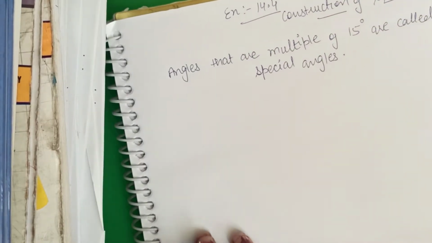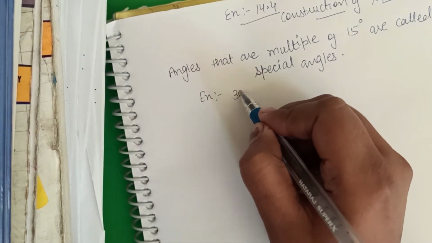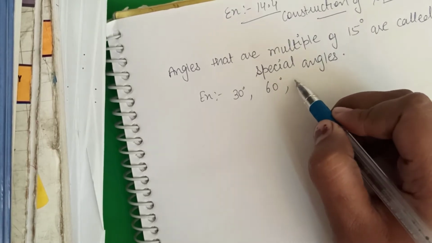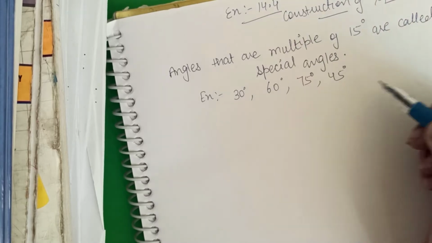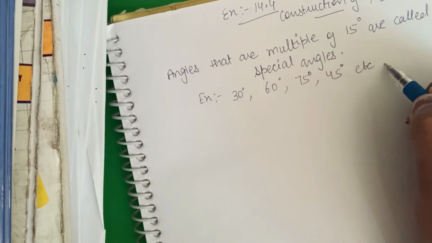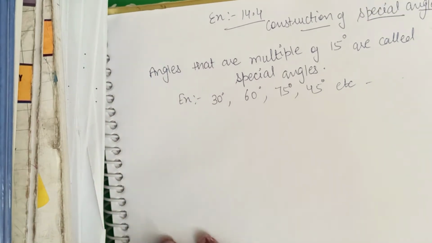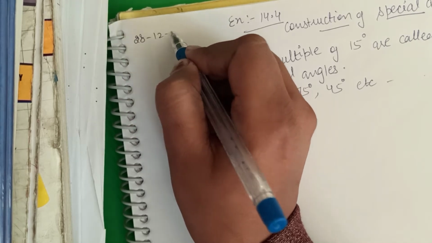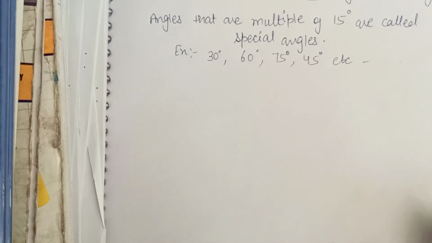Like, for example, 30 degree, 60 degree, 75 degree, 45 degree, etc. These all are the examples of spatial angles, right?